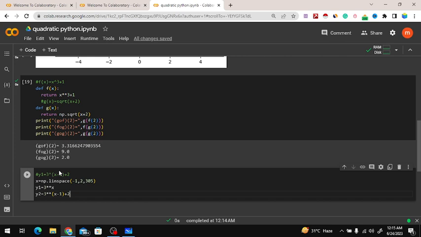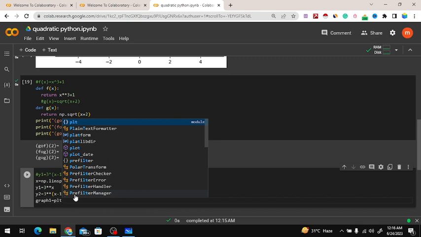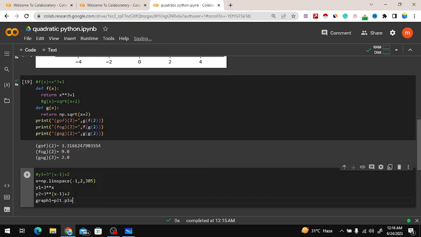And now I want to visualize this graph. So let's see graph 1 and another graph 2. So is it working or not working? Yeah, it's working. And now I want to visualize: graph1 should be equal to plt dot plot, x comma y1.